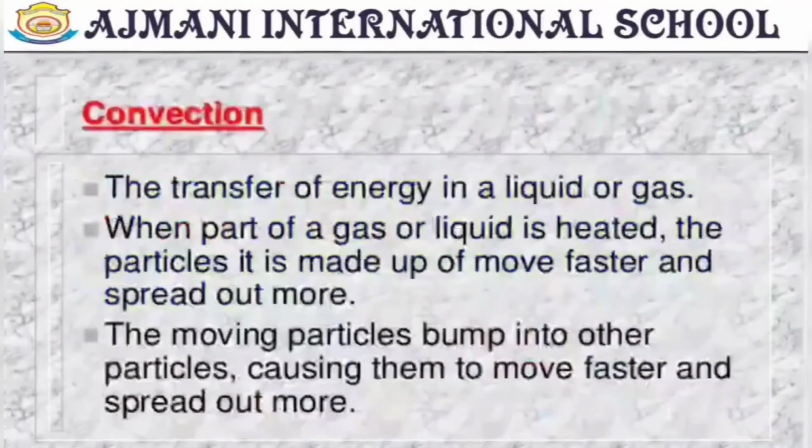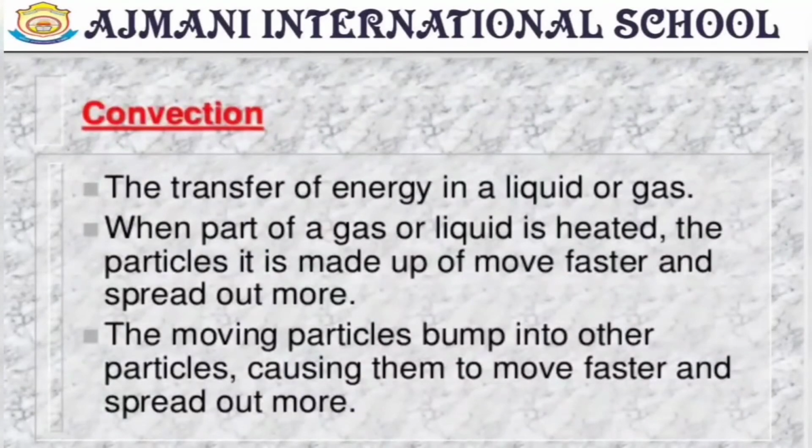The second method of heat transfer is convection. It is the process by which heat gets transferred from a hotter region to a colder region by the actual movement of particles. This type of heat transfer mostly occurs in liquids and gases.